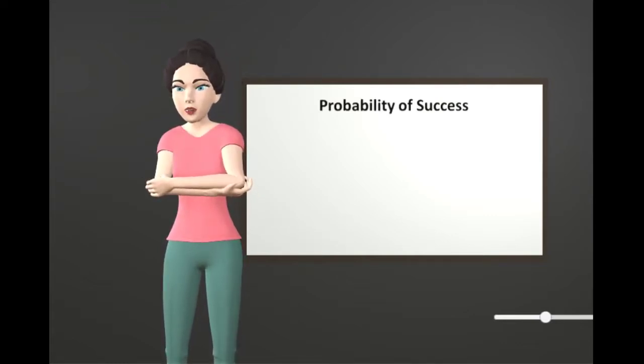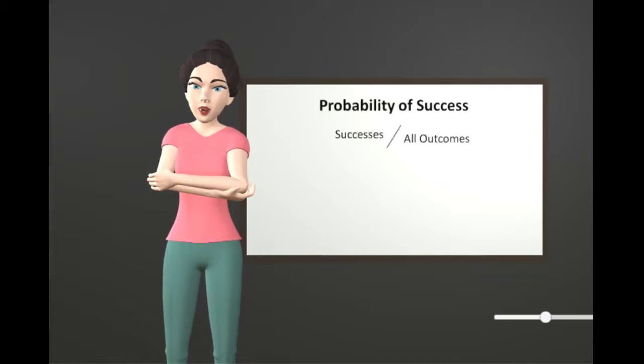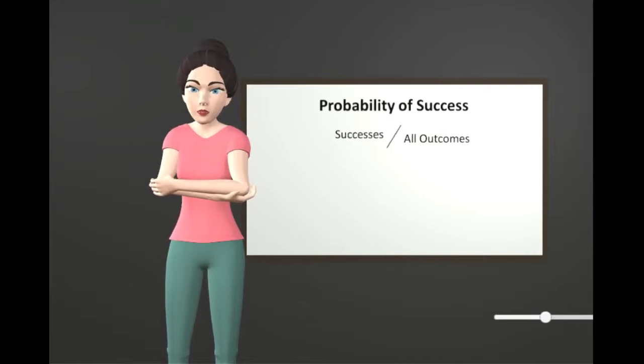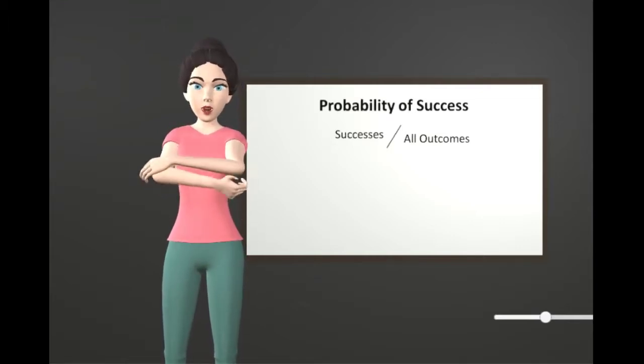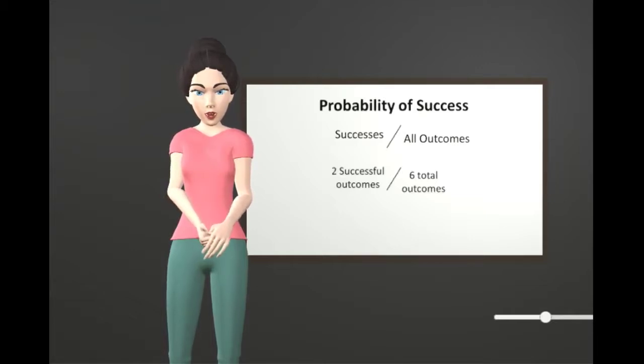Next, we should figure out the probability of success. The probability of success is the number of success outcomes divided by the total number of outcomes, including the success outcomes, if all the outcomes have an equal chance. In this case, there are 6 equally likely outcomes, and 2 of them are successes.